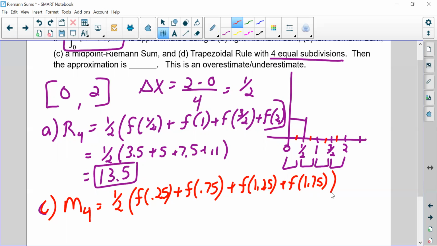Okay, then I'm going to go to my calculator again. I'm still on the graph, so it makes it easy. I'm still on trace. The first one, 0.25, equals 3.125.